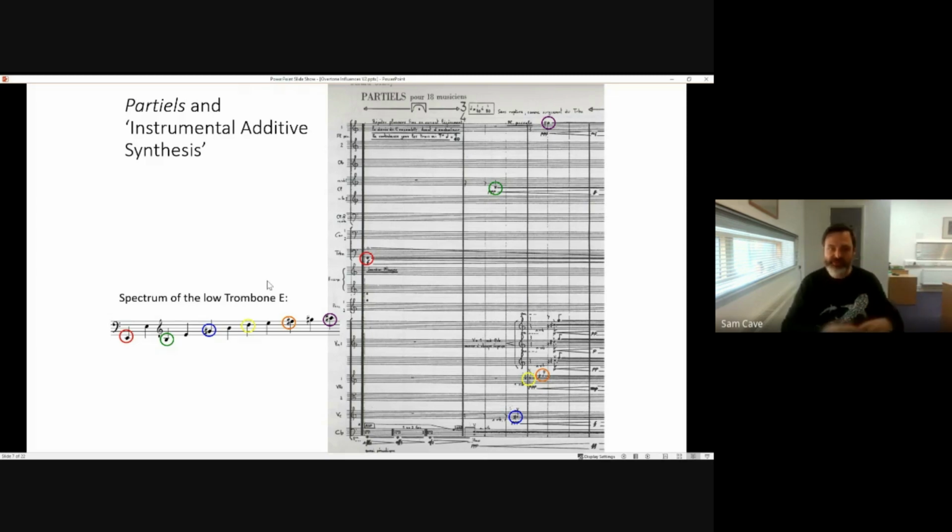I assume he had a computer that filled the whole room back in the 70s, but the partials that are most prevalent in his analysis, he orchestrates out into the ensemble. You can see the start of that process, at least, in my color-coded diagram here, where things are orchestrated out in the right register across the ensemble, and the trombone, supported by the double bass, is holding this low E, the fundamental of the piece.